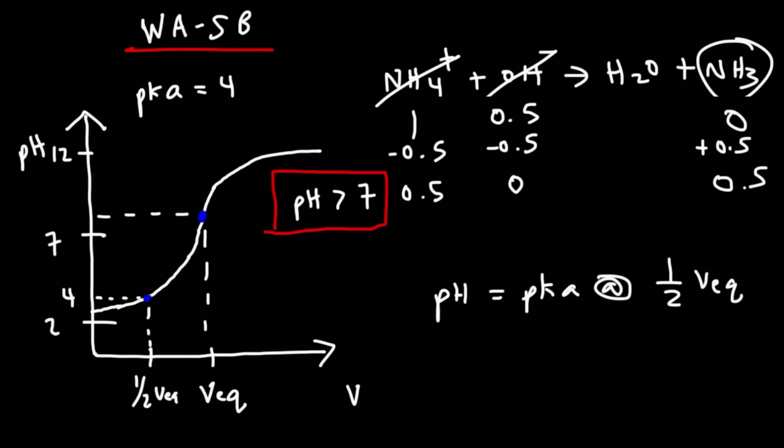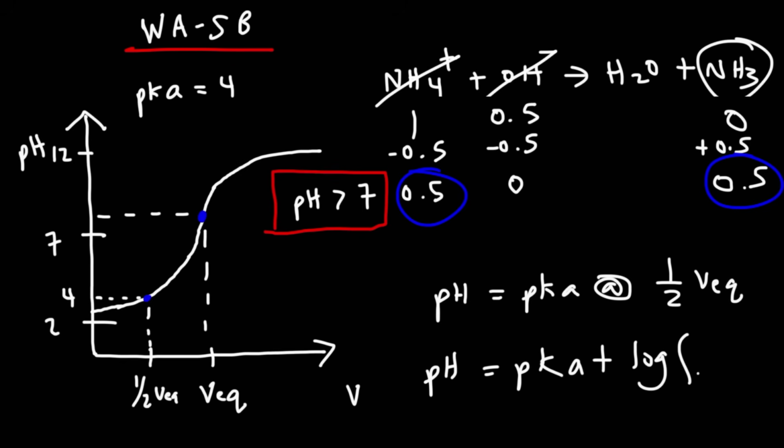So at half the equivalence point, notice that we have equal amounts of weak acid and weak base. And according to the Henderson-Hasselbalch equation, pH is equal to pKa plus log base over acid. When the amount of base and acid are the same, either in terms of concentration or in moles, you get log of 1. Log of 1 is 0. So this disappears and the pH becomes equal to the pKa.